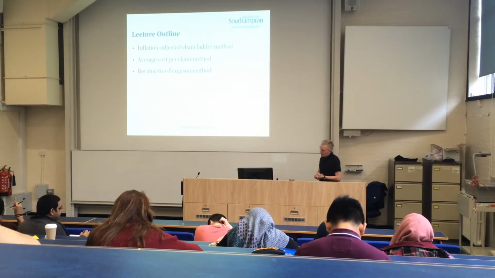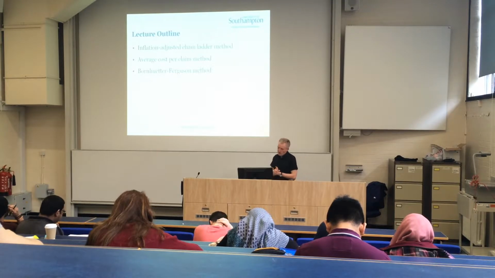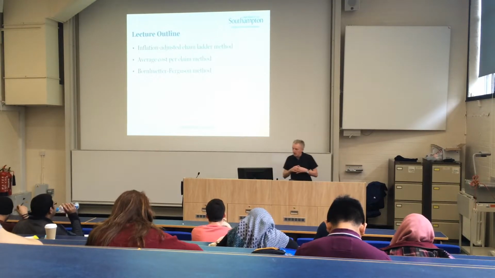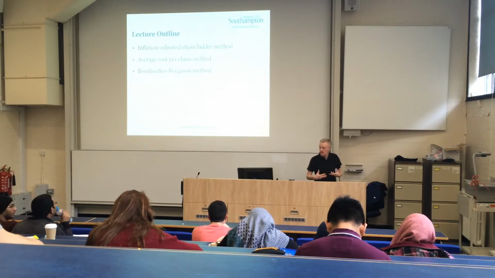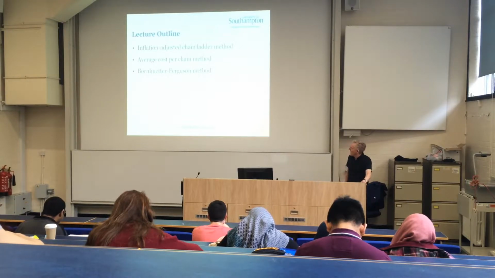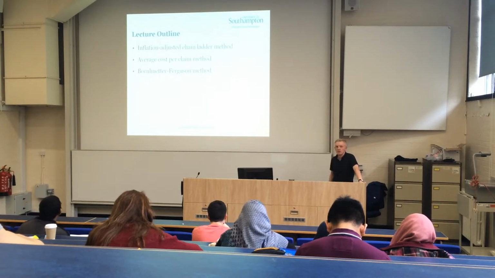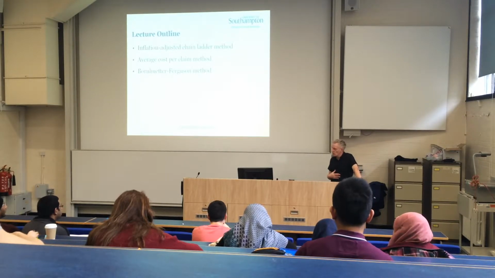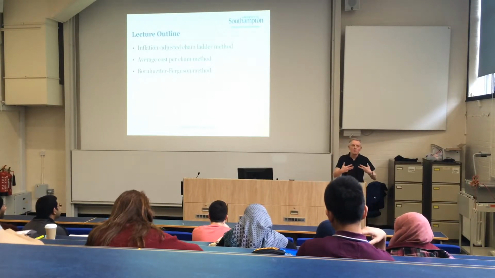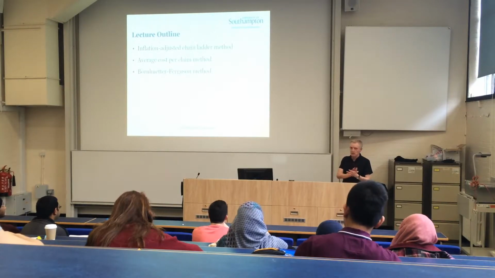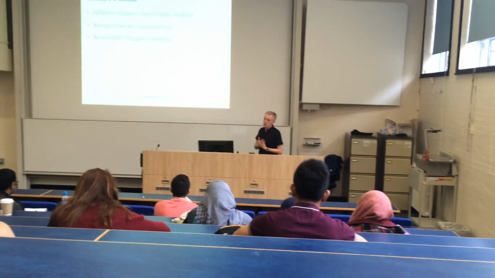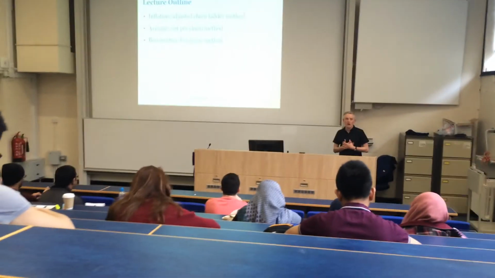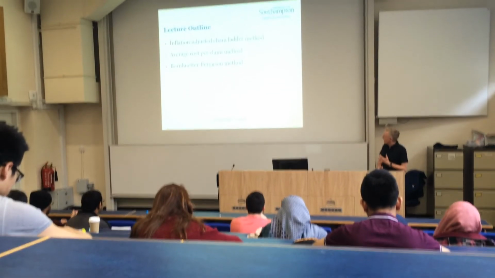The second variation is slightly different, but uses similar ideas, which is called the average cost per claim method. And what that does is, in addition to the cumulative claim payments, which the basic chain ladder method worked on, it takes into account the numbers of claims as well. So I'll talk very briefly about that method.